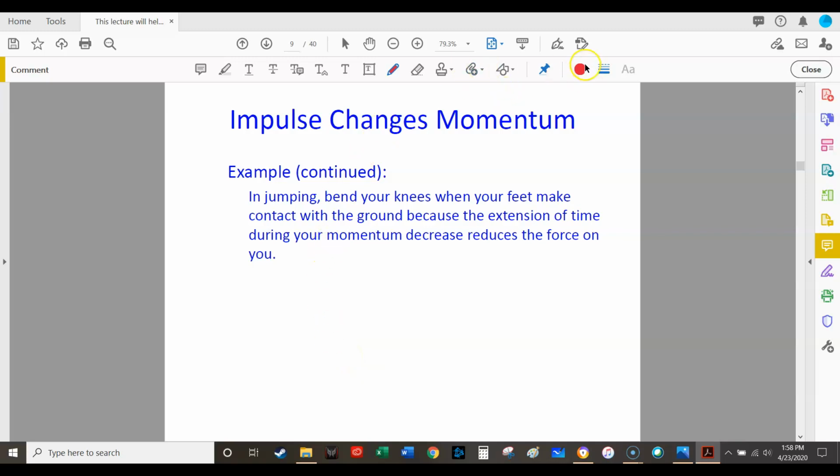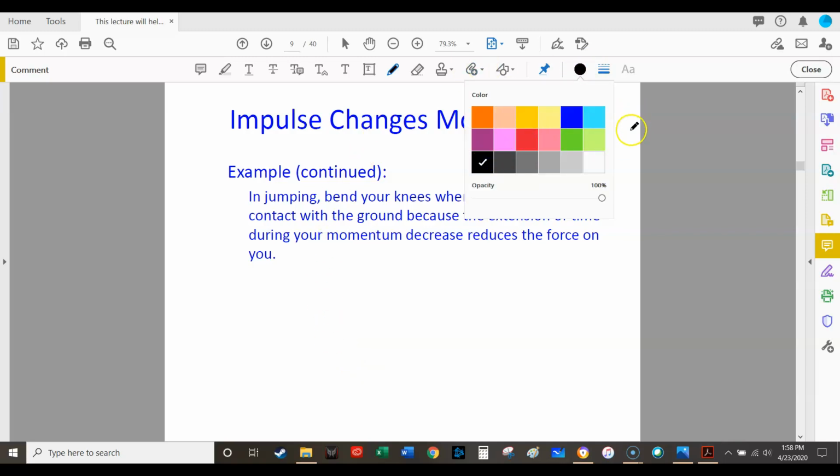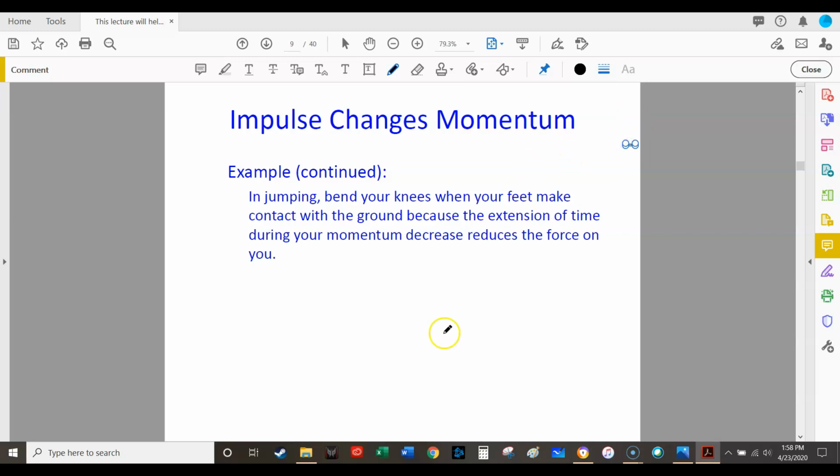Okay, so I'm going to go ahead and change this to black, and we'll talk about it. So when you were a little kid and you jumped off the swing set, maybe the first time or two you jumped off, you landed with stiff legs and it really hurt. And it almost felt like your bones rattled, right?